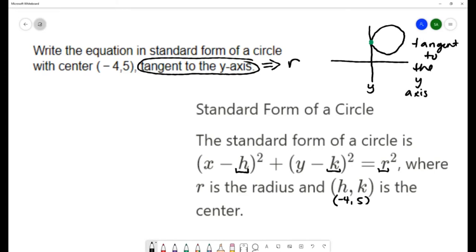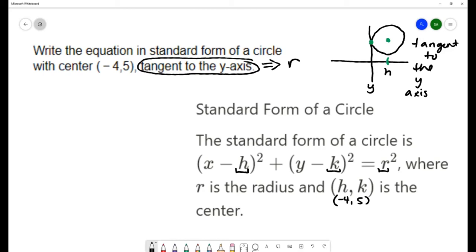Now, why does this help us find the radius? Now remember that the radius is the distance from the center to any point on the circle. And I didn't do the best job of drawing my circle here. It's not very balanced. But because it is tangent to the y-axis, I know where that center is. That's going to be (h, k). So this is going to be some value of h.